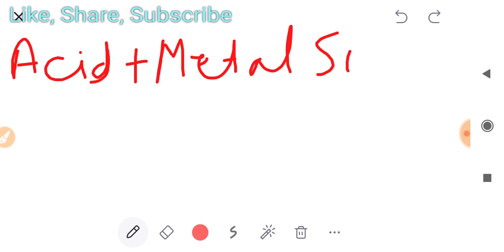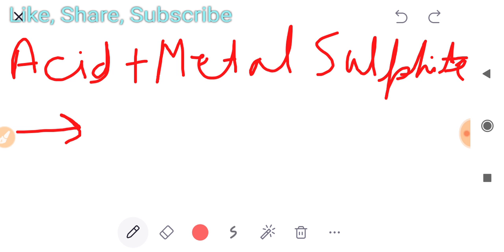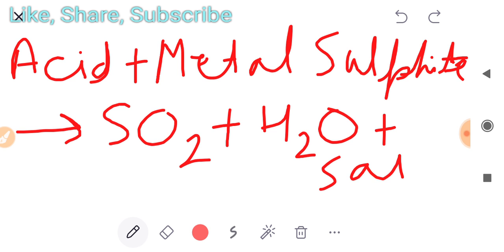Acid reacts with metal sulfite. Then what will be formed? H2O plus salt, and SO2 will be formed here.